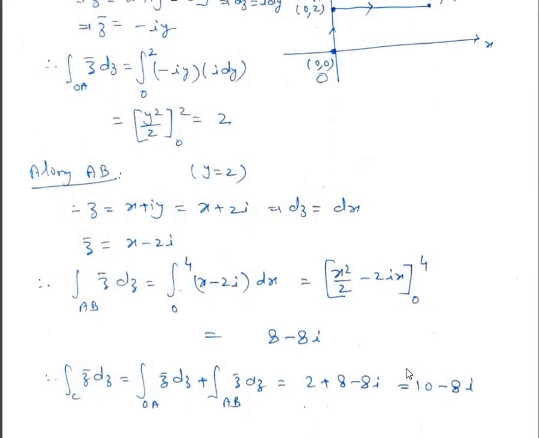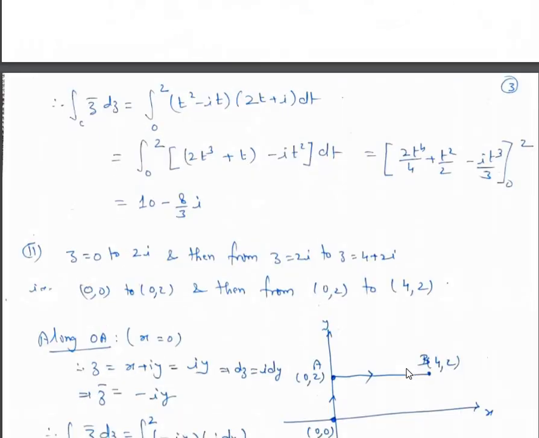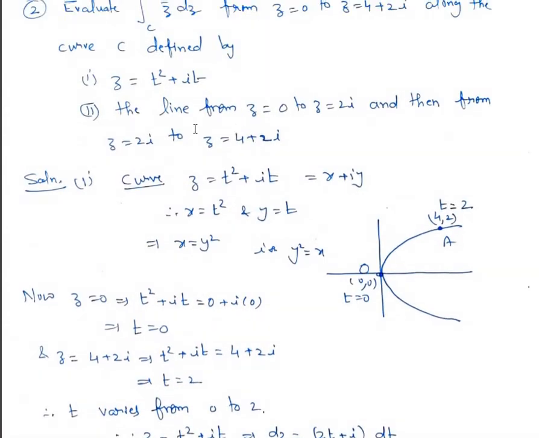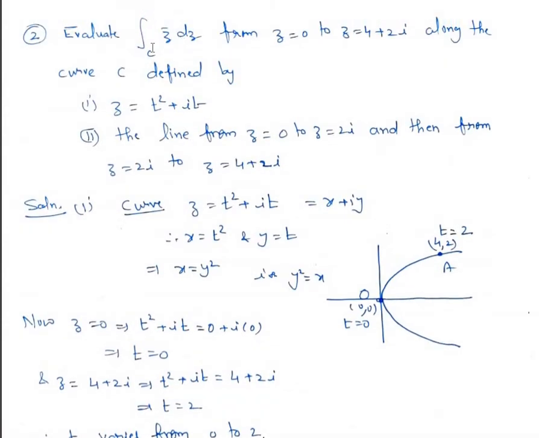Why so? The reason is that z bar, the function which we are integrating, is not analytic because it is not differentiable. The function has to be differentiable, meaning analytic, then only will the values of the integral along any path be the same.